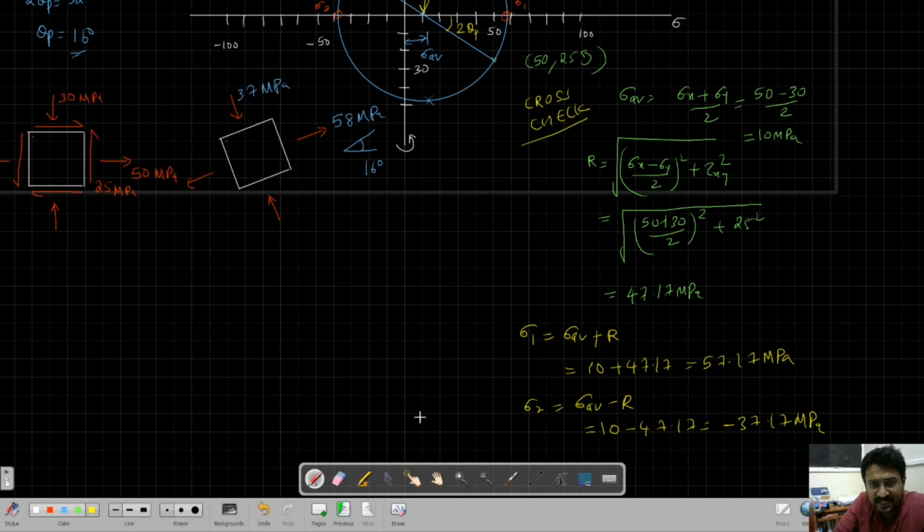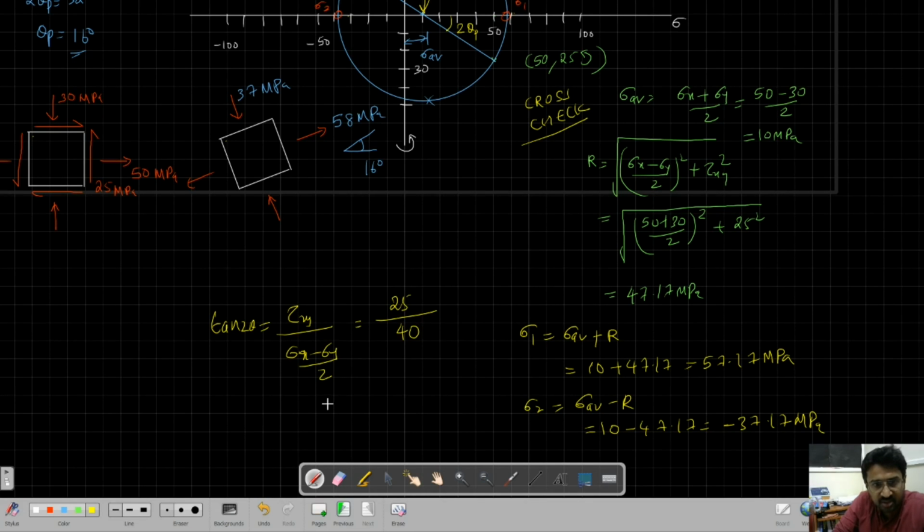Now if you want to check the angle also, you can check. Tan 2 theta p is equal to tau xy divided by sigma x minus sigma y by 2. So tau xy is 25, divided by 50 plus 30, that is 80 by 2, which is 40.